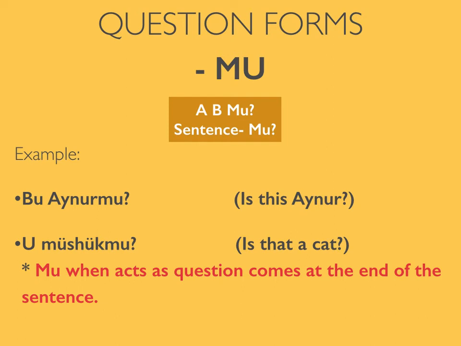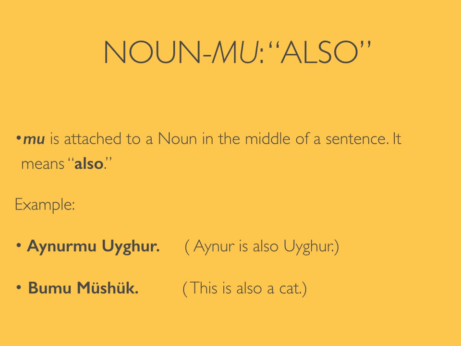I shouldn't have written it twice. So, sentence mu, right? A B is a copular sentence form, very common. And then the sentence mu.